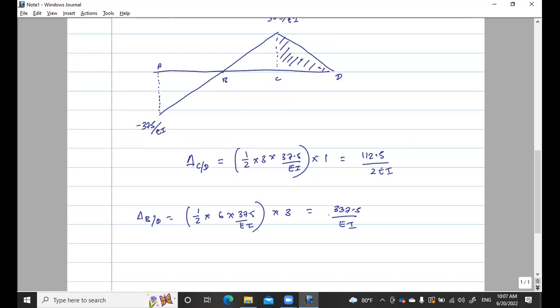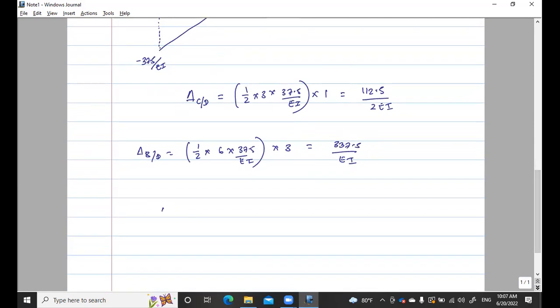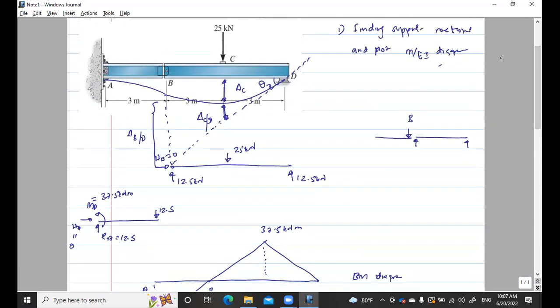337.5 over EI. And delta B is equal to, if you take the tangential deviation from B to tangent A, that gives you the tangential deviation delta BA, and that is equal to delta B because tangent A is 0.